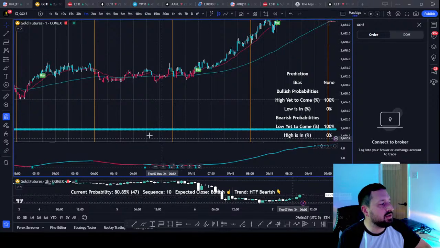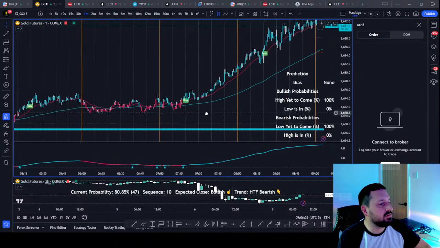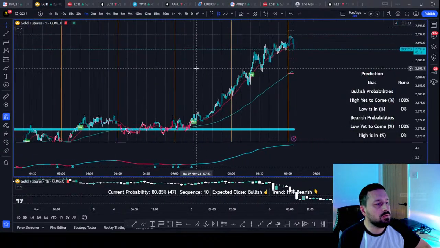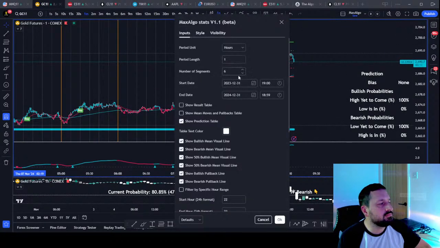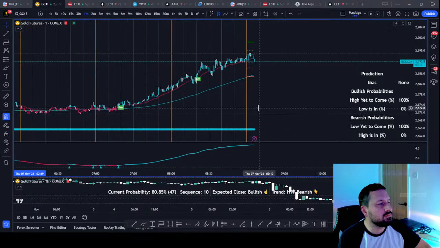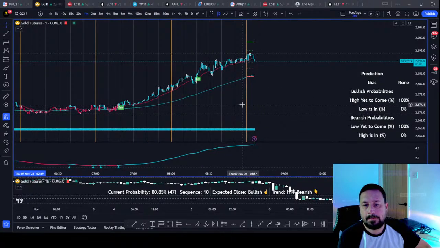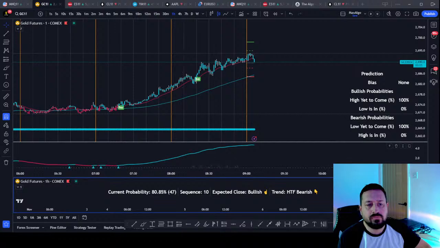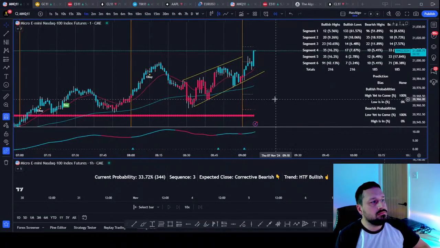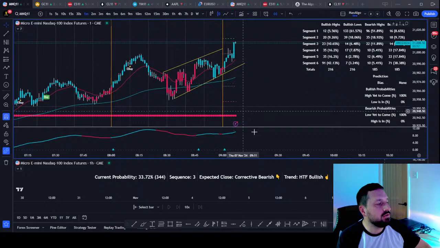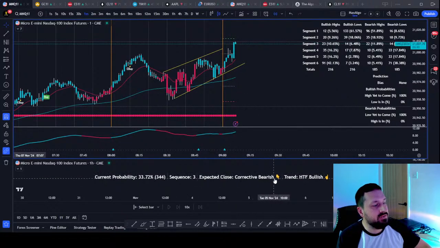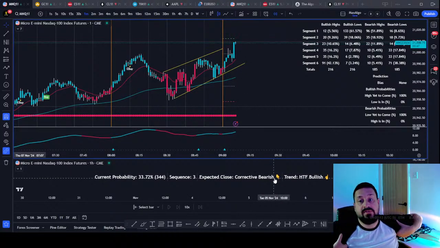We can see obviously nice strong trend, and we get that nice push. Nice push up. We get that push in the direction. Obviously, we're corrective bearish, which means there's more probability of it going up, right?